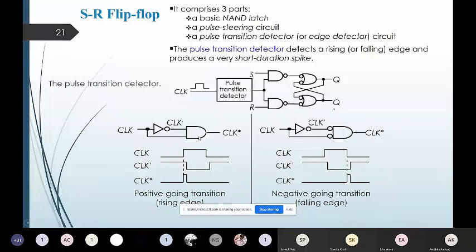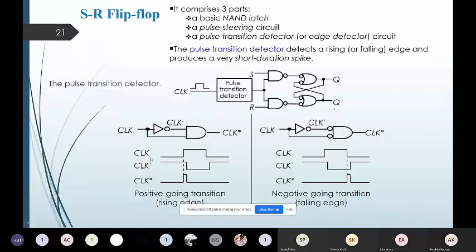So here the clock will be given as an input. Then the inversion has been done, which is indicated as the clock dash signal. And this original clock and this inverted clock have been provided to the AND circuitry, and that signal we have marked as clock star. So what will be the clock star output that we are going to check here?